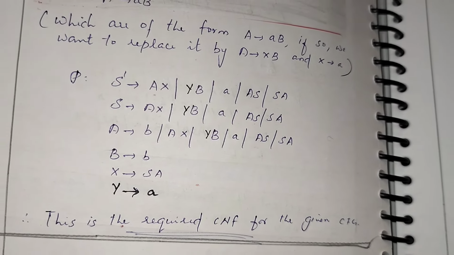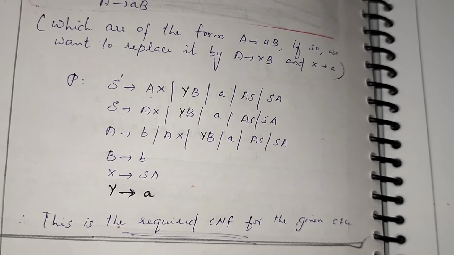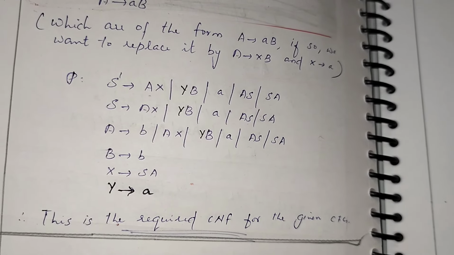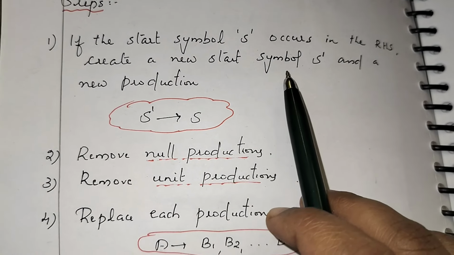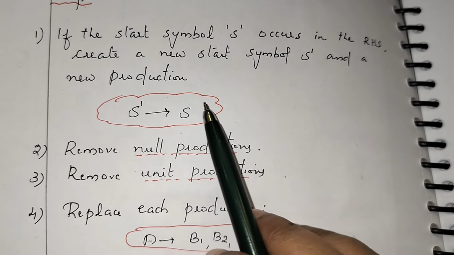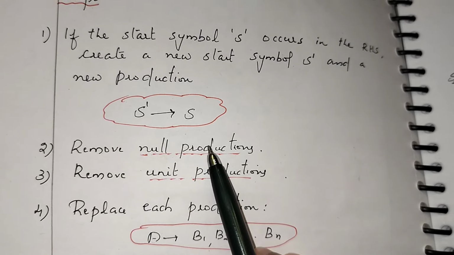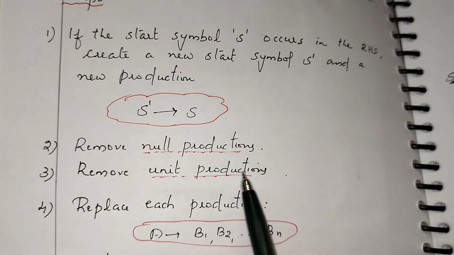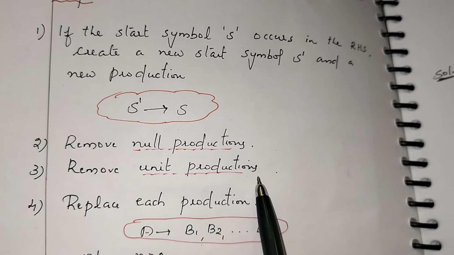So in this way, you can find out the corresponding Chomsky normal form of a given context-free grammar. So first, you need to check whether the start symbol is occurring in the right hand side of any production. Then you need to add a new production like this. Then if there exist any null productions, that is A gives epsilon, then you need to eliminate all the null productions. If there exist any unit productions, that means A gives B, you need to eliminate all the unit productions.